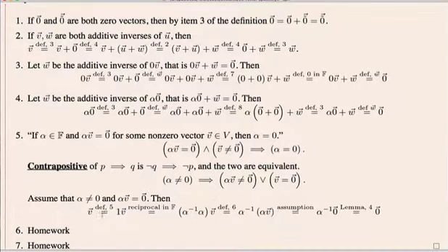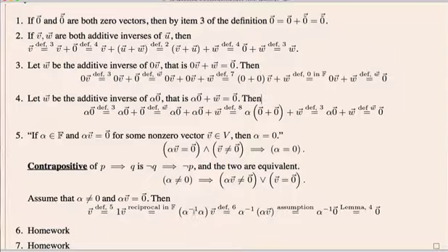From property number 5 of the definition, we have v can be written as 1 times v. And then since alpha is not zero and it's a scalar in F, it has a reciprocal. We're supposed to know that from elementary algebra, that a scalar number has a reciprocal.